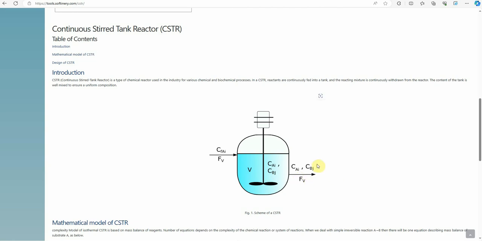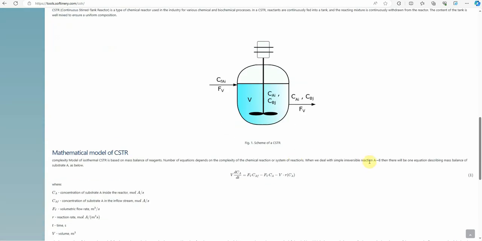The mathematical model is based on a mass balance, or mass balances if there is more than one substrate. For a reaction A to B, we deal with a single mass balance for substrate A. On the left-hand side of the equation, we have accumulation, which is the term describing the accumulation rate of substrate A in the reactor.